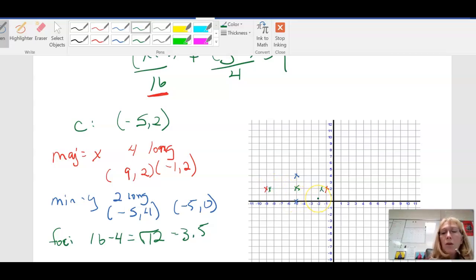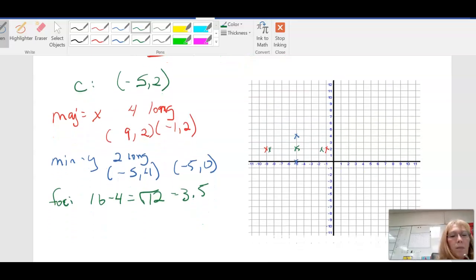So we have to subtract 3.5 from negative 5. Let's go down here. So that will put us at negative 1.5, comma, 2. And we have to add 3.5 to negative 5, which will put us at negative 8.5, comma, 2.